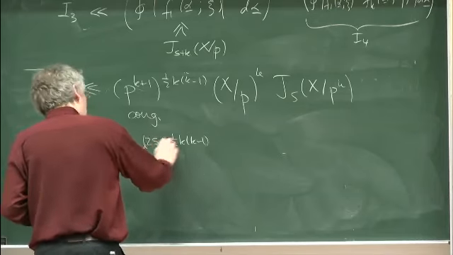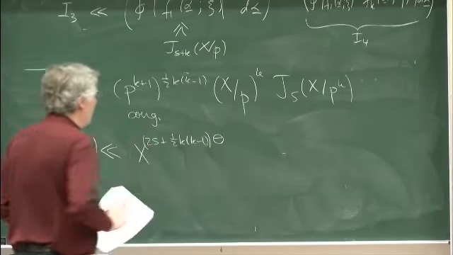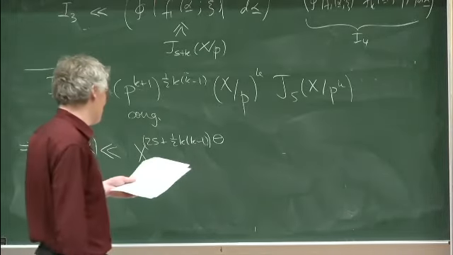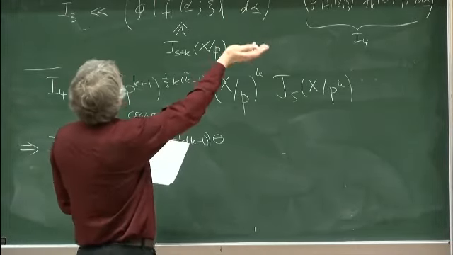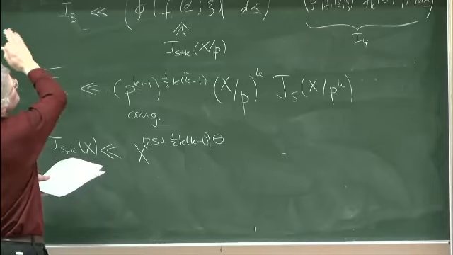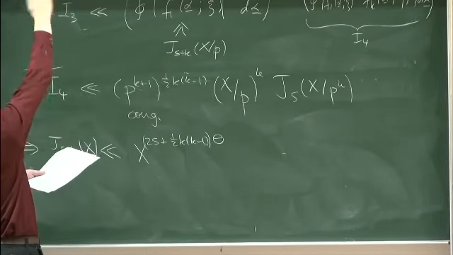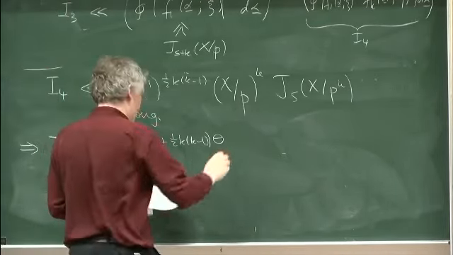So remember that at the top of the board there's this vector x to the 2s plus half k, k minus 1 theta times I2, and then we bounded I2 by a Holder's inequality in this way. So I2 is the number of solutions of an equation which is bounded by this stuff.